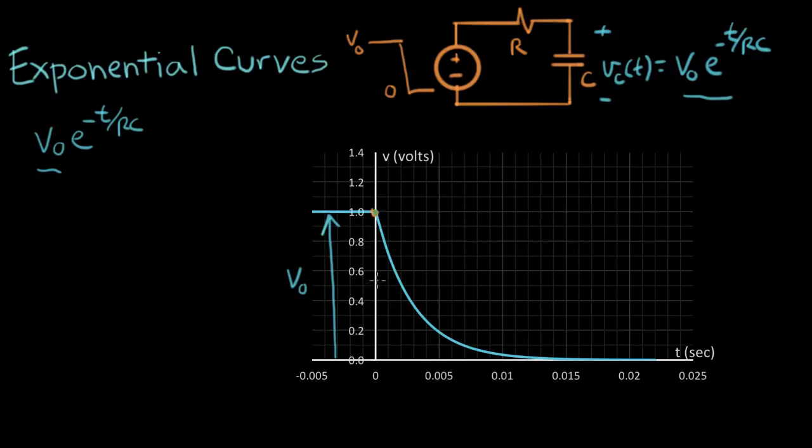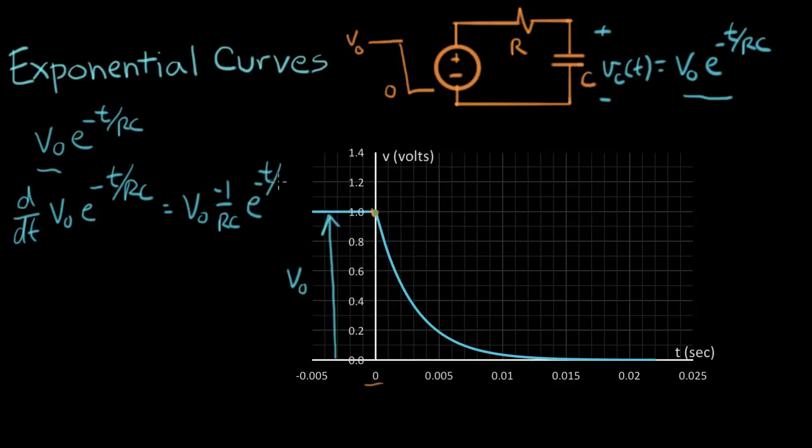The slope of a curve is the derivative of a curve evaluated at this time, at time equals 0. Let's take the derivative of our function right here. So it's d dt V naught e to the minus t over RC. And that equals V naught, and the RC comes down, minus 1 over RC, e to the minus t over RC. And that's the derivative of this exponential for all time.